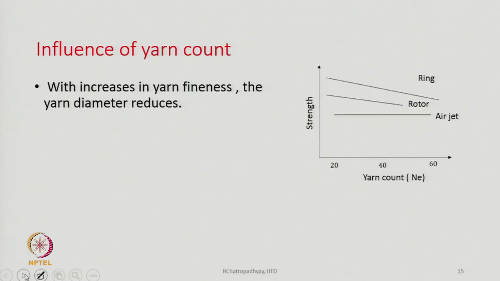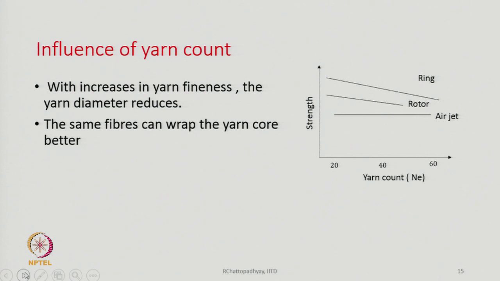The one interesting part is the influence of yarn count on yarn tenacity. If you look at this diagram, if the fiber is kept same and all other parameters are kept same, if we go for finer count, the tenacity is going to decline.